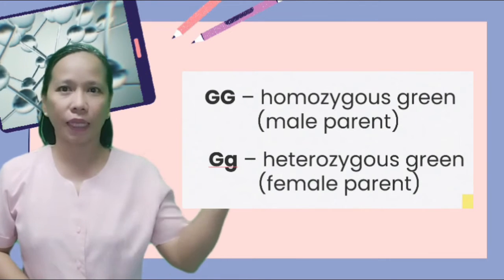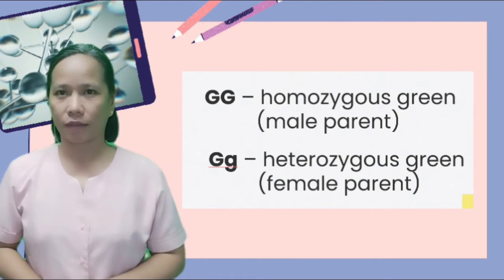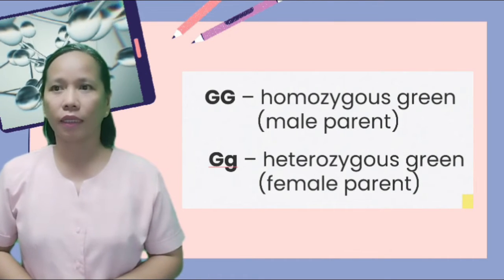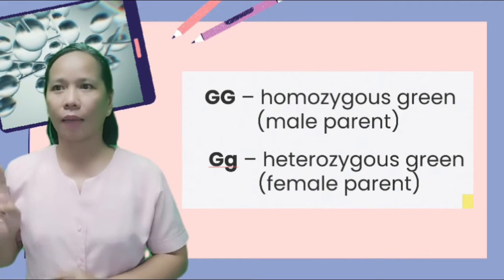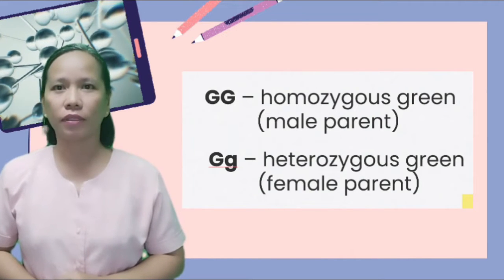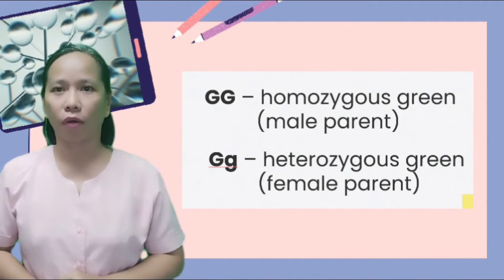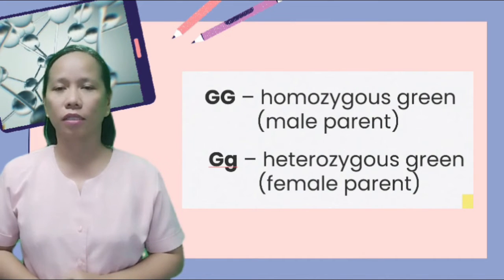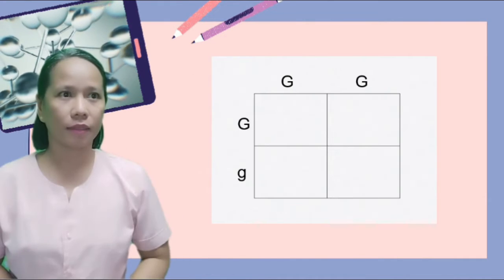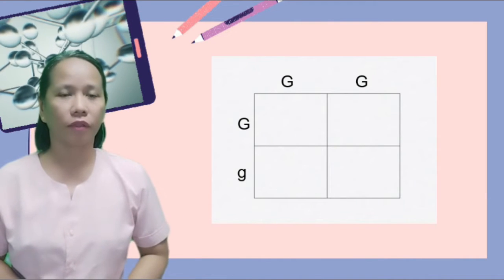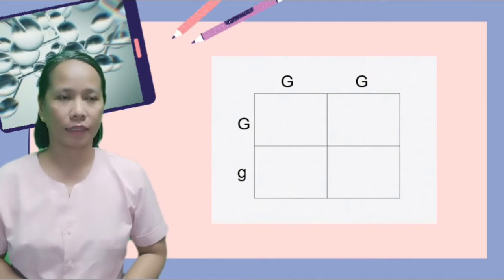First, let us determine the possible genes of the parents. Let us use capital G for the genes. For homozygous green, the genes are 2 capital G. For the heterozygous green, the genes are 1 capital G and small g. Next, draw a square and divide it into 4 boxes.